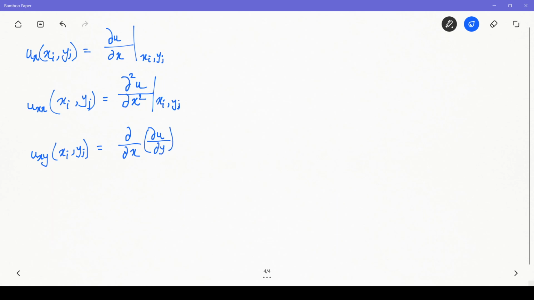So at first we take the partial derivative with respect to y, then we differentiate again, finding the partial derivative of this whole thing with respect to x.